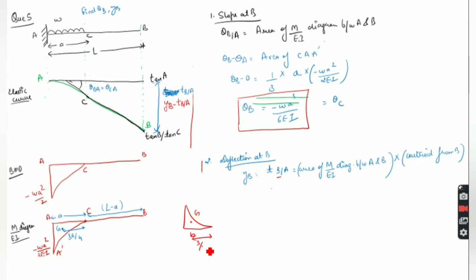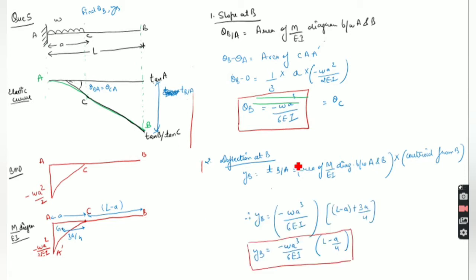As here the distance is A, it will be 3/4 of A. So the total distance from B will become 3/4 of A plus L minus A, because we want to find the location of this centroid from the end B. So the X bar will become L minus A plus 3A/4. This will be the equation for YB which we get, right?